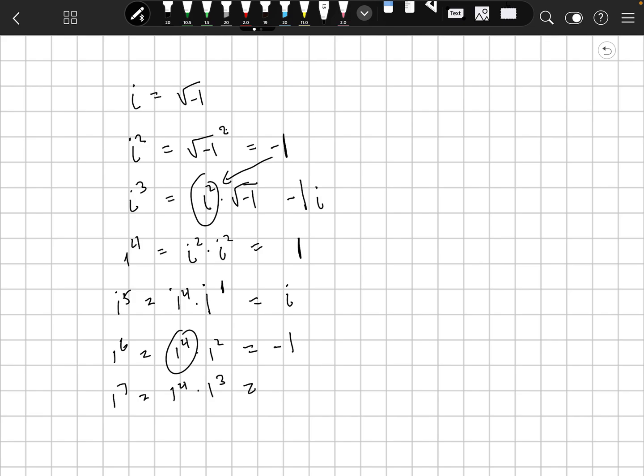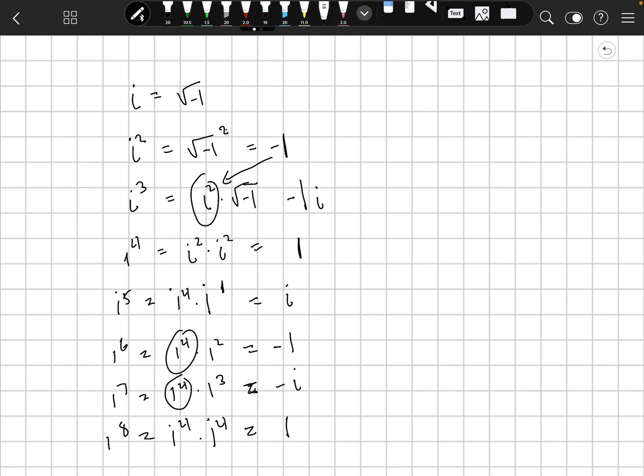And again, we have 1 for i to the 4th, and i to the 3rd is negative i. And finally, i to the 8th. It can be written as i to the 4th times i to the 4th, and that equals 1.